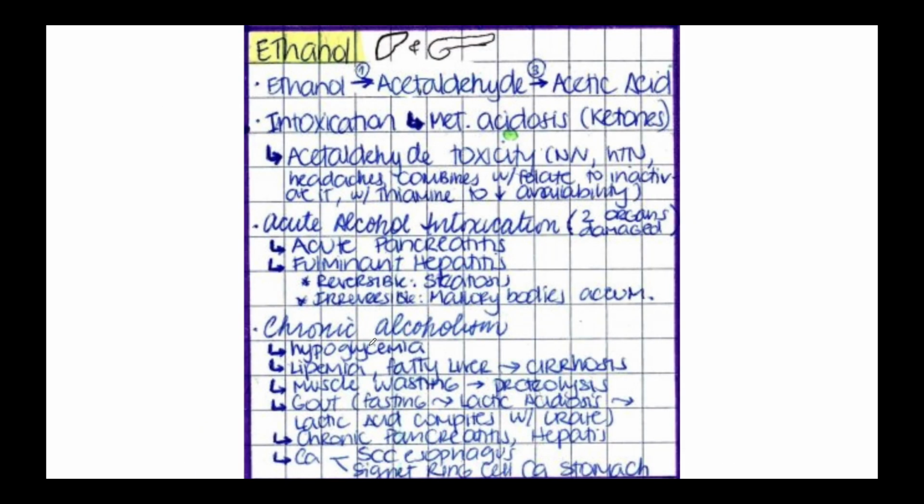Now 5 to 10 common points you need to remember about ethanol. Ethanol, how is it metabolized? Converted into acetaldehyde, which becomes acetic acid. Any intoxication with ethanol will lead to development of metabolic acidosis, all of you know very well.